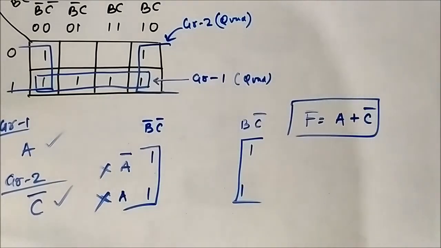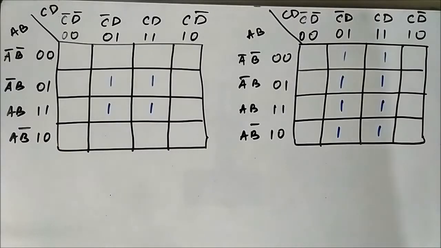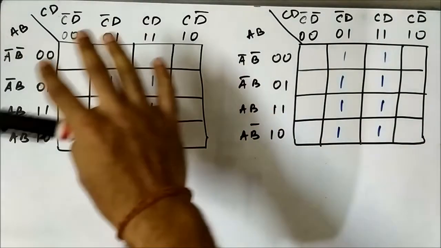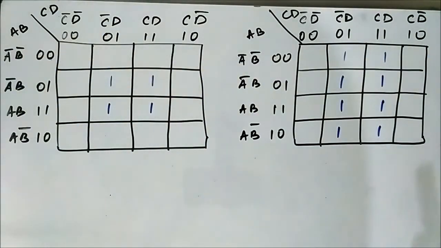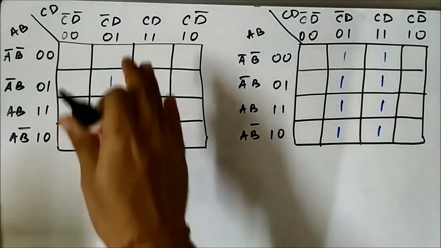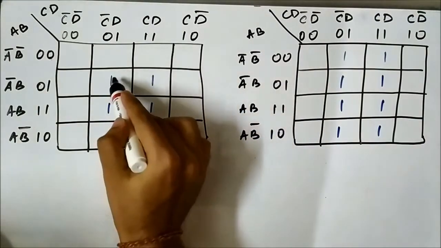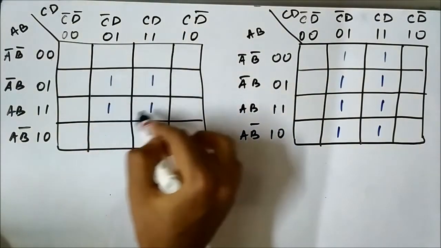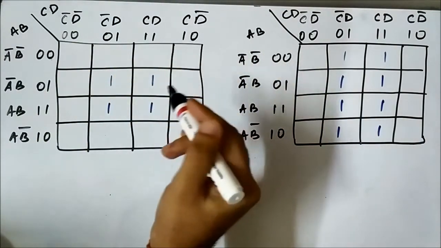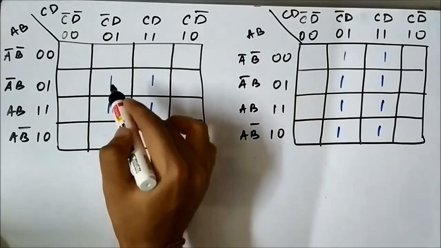Always remember those rules. Here let us consider two 4-variable K maps which are marked in this manner, and we have to form groups.